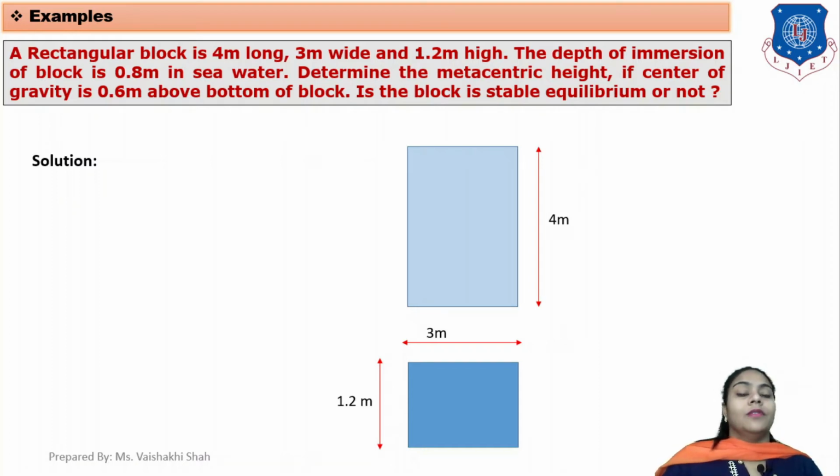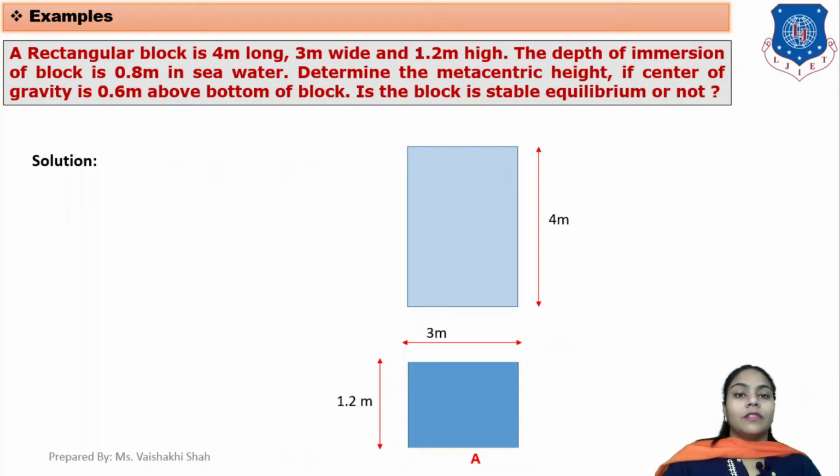Now the other thing given to you in the data is the depth of immersion. The total height of the block here is 1.2 meter. Now from the 1.2 meter height, 0.8 meter height is immersed in water.